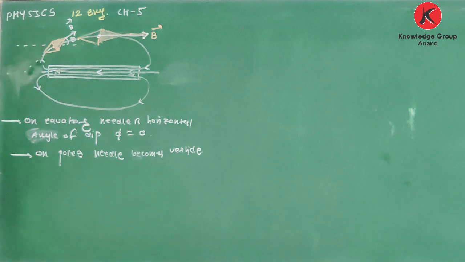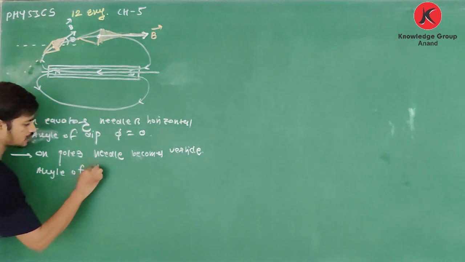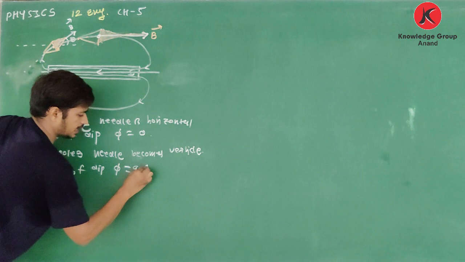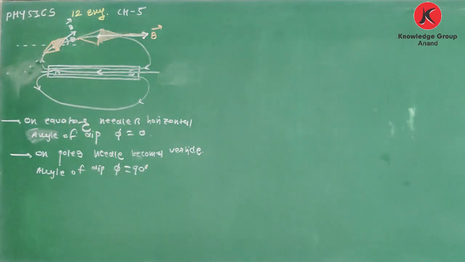So at the poles, what is the angle of dip? The angle of dip phi is equal to 90. Clear about this? So yes, you have to remember these points. So yes, it is about the dip angle.